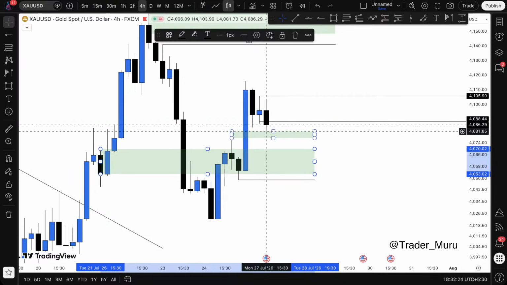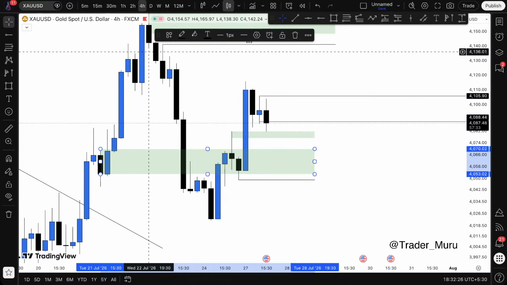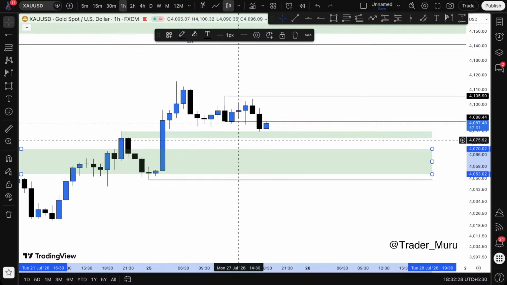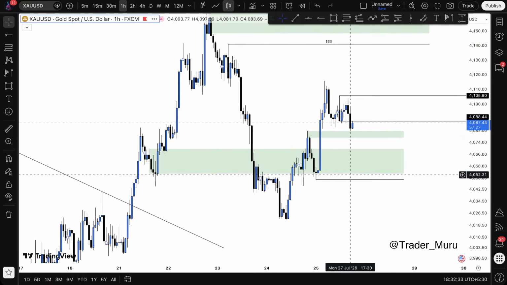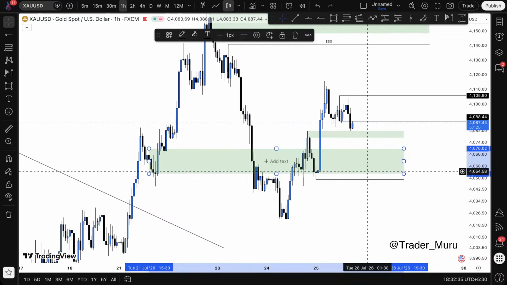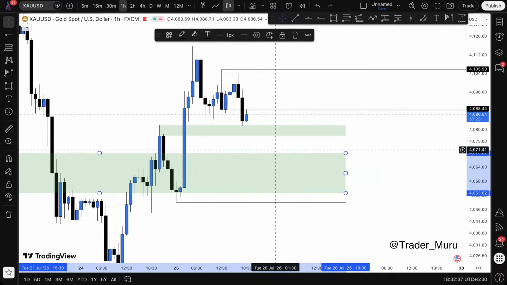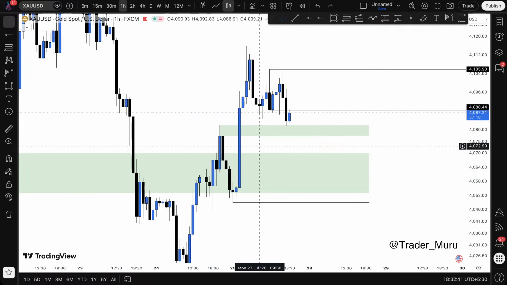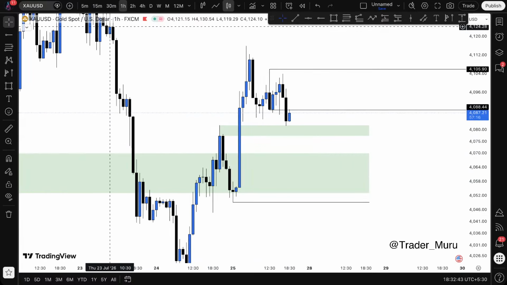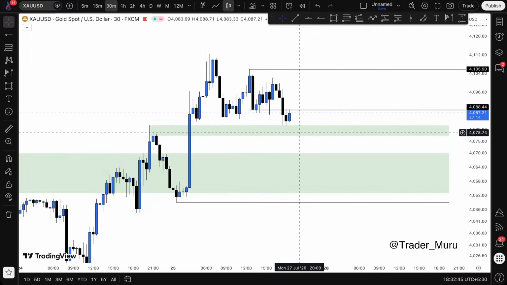You cannot buy simply here now, or you have to use a stop loss way below this area, 52. That much stop loss is not good risk reward. So we will wait, let it develop some bullish price action here. Do you see the situation where price breaks the Friday low?